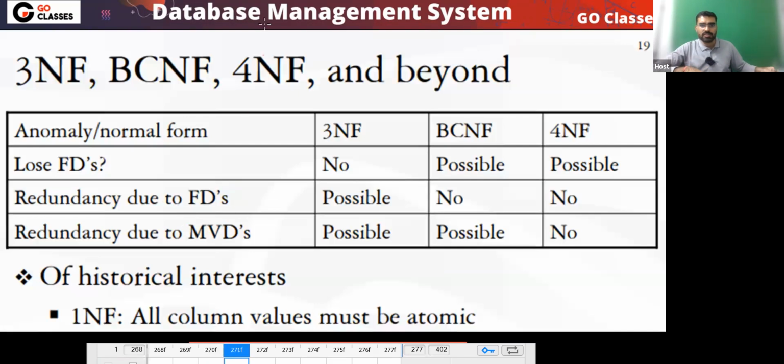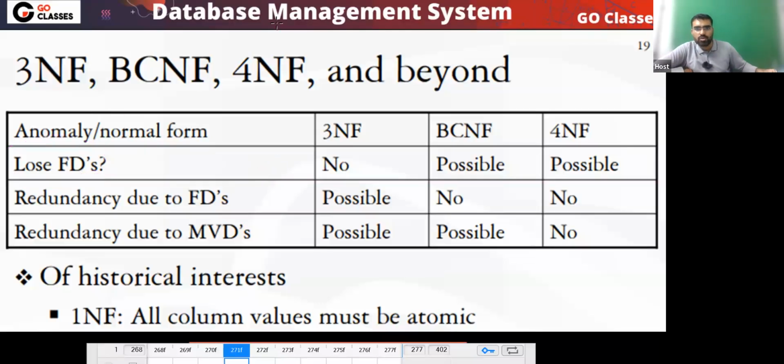One thing about redundancy: in 4NF, we don't have any redundancy due to FD, and we don't have redundancy due to MVD. In 4NF, redundancy due to MVD is not there, and redundancy due to FD is not even in BCNF. Can you lose FDs in 3NF?